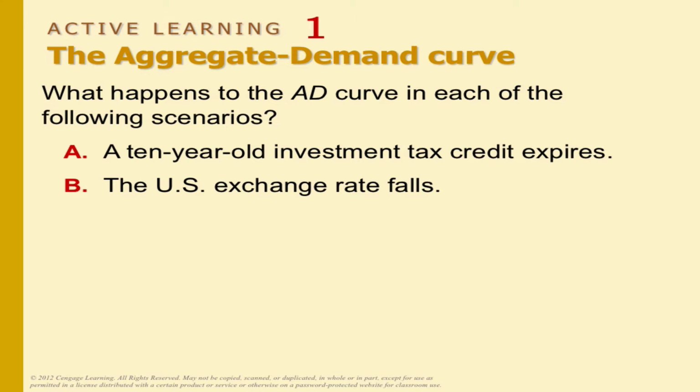The exchange rate falls. Does that mean our dollar's worth more or less? Less. Okay. So what's gonna change if the exchange rate falls and our dollar's worth less? Prices have gone up. Prices of what have gone up?